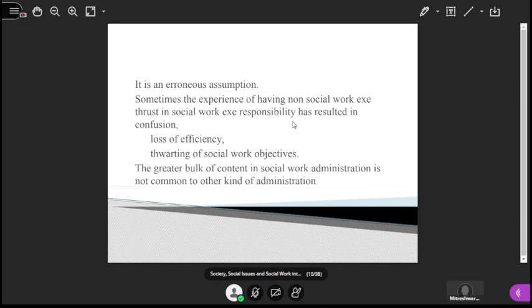Alors, peut-être pour une confusion, alors, peut-être un business administratif, il pourra peut-être profit, il pourra for more efficiency, etc. But then, il n'est pas sûr du poste. He may be not the right person in the right place. Okay? Then, it has resulted in confusion, loss of efficiency, distorting of social work objectives, the greater bulk of content in social work administration is not common to other kinds of administration. Alors, c'est différent par rapport à business administration, public administration, etc.